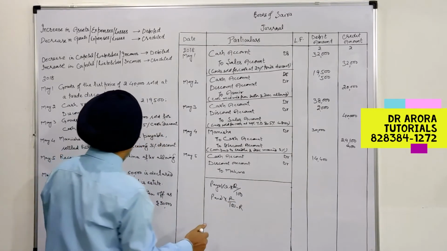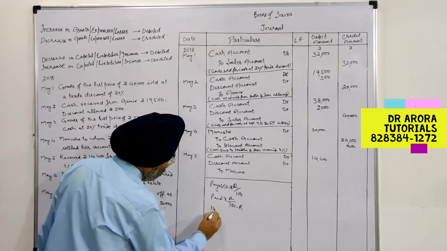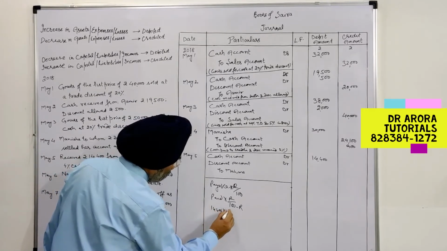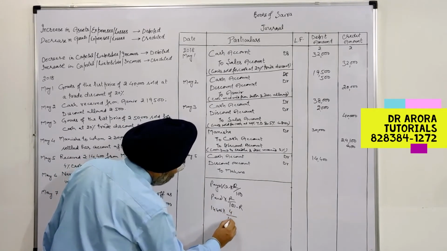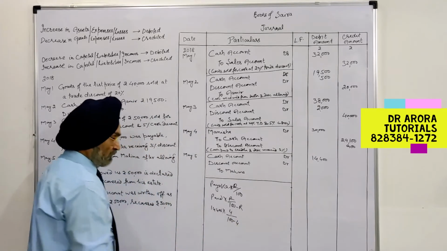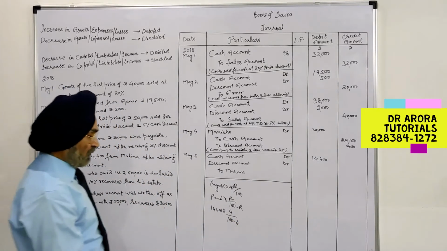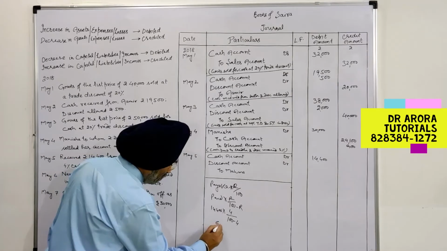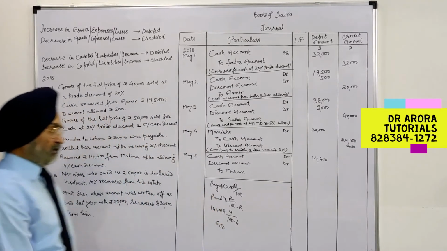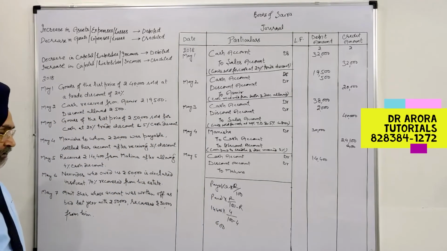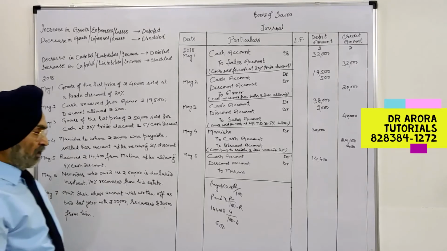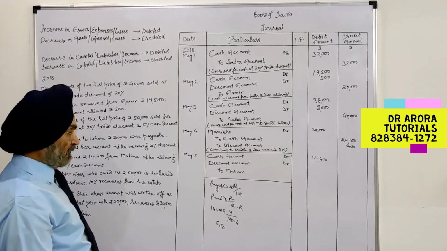So here received amount is 14,400. 4% is the discount. So this comes out to be exactly 600.